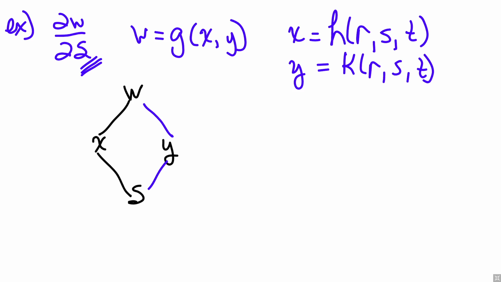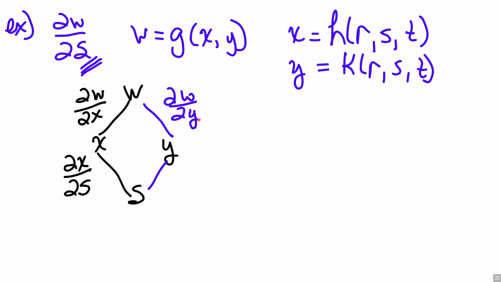So if we take a look at this, for the left-hand side, from w to x, it's the partial of w in respect to x. And then from x to s, it's the partial of x in respect to s. And then on the right-hand side, from w to y, it's the partial of w in respect to y. And then from y to s, it's the partial of y in respect to s.